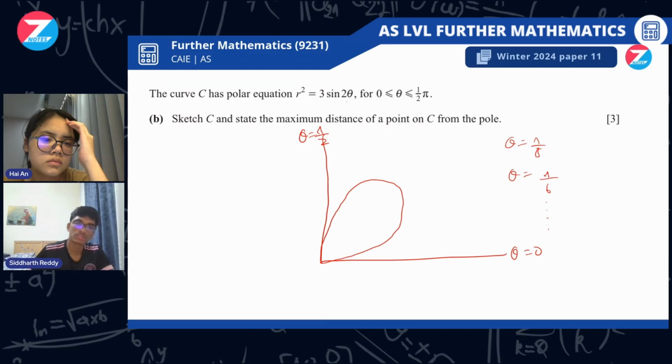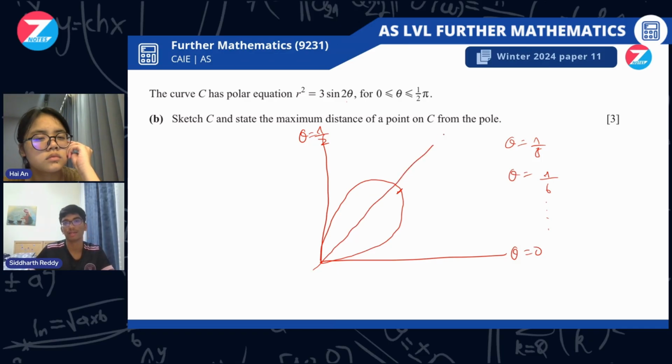And from the values, it should be apparent that it's symmetrical about the line theta is pi by 4. So this is the furthest point from the pole. When theta is equal to pi by 4, we get the furthest distance from the pole.